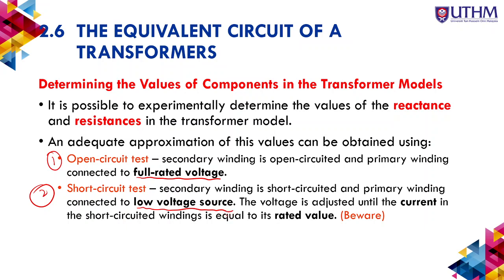However, when we use the low voltage, we need to adjust the current so that the current will be the rated value. For example, you use the rated voltage, and then you can supply rated current.